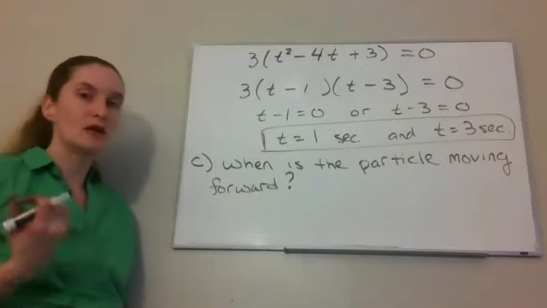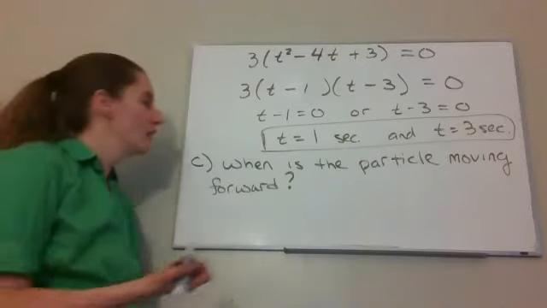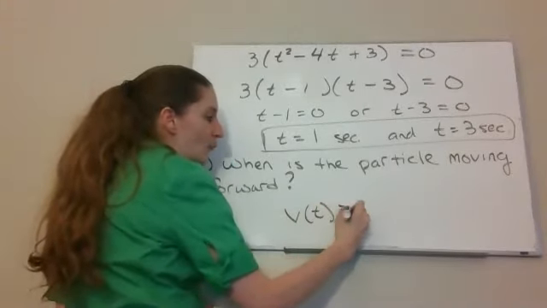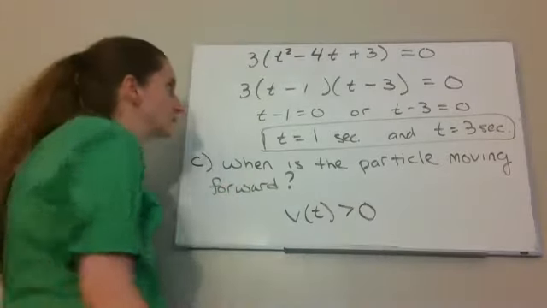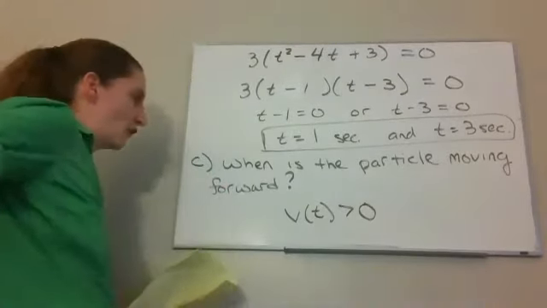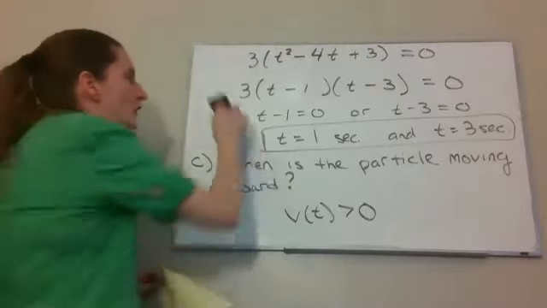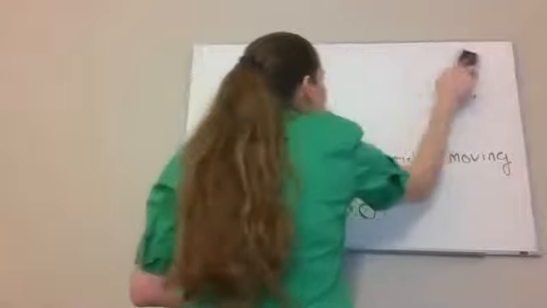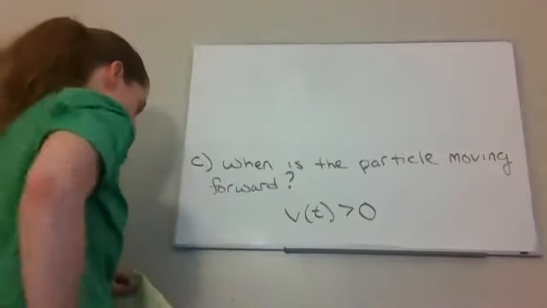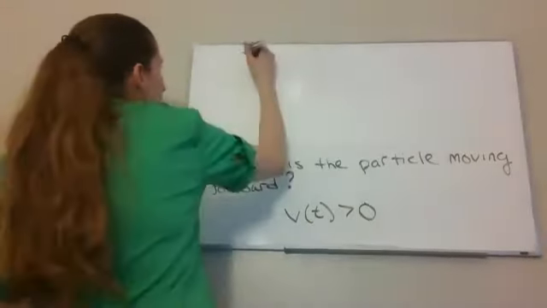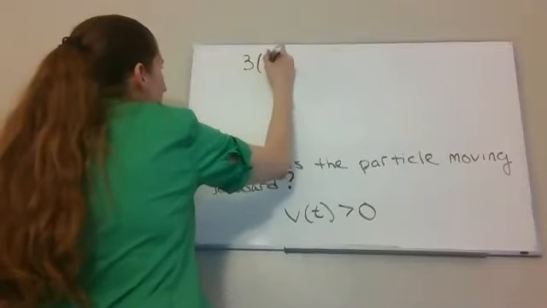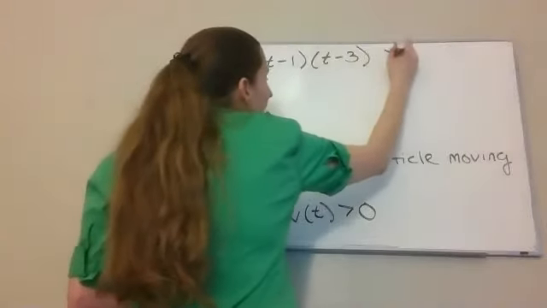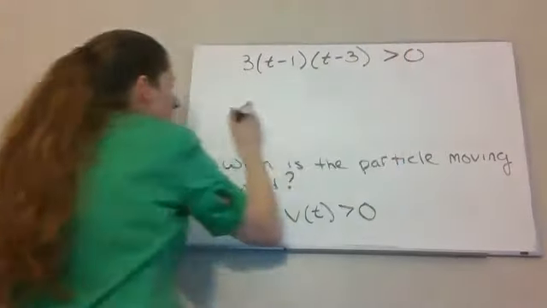That moves the particle in the positive direction. So I need to solve velocity is bigger than 0. The easiest way to solve that is to use the already fully factored velocity equation to solve where it's greater than 0. So my fully factored velocity was 3 times t minus 1 times t minus 3. And I want this to be greater than 0.